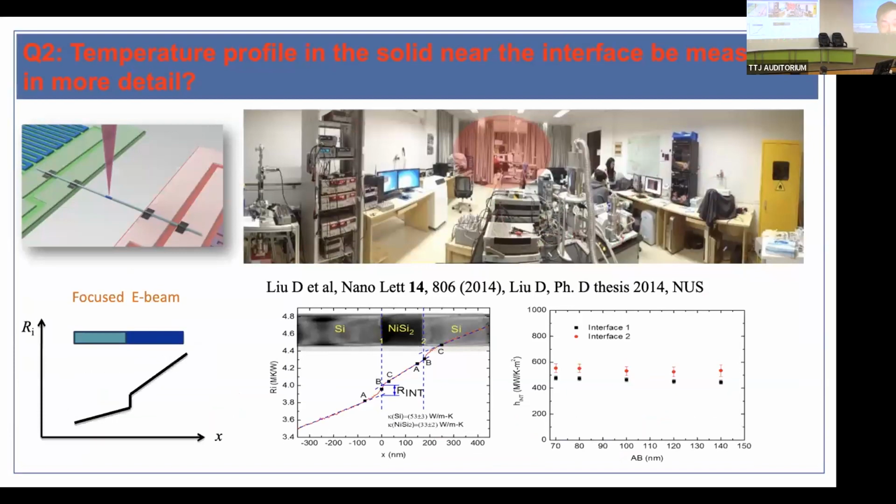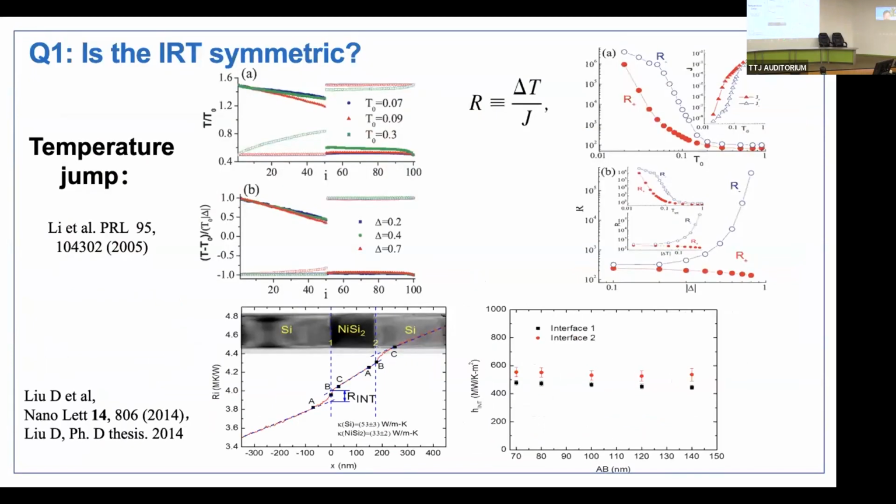For the one-dimensional one, let me go back to the first slide. It's like that. For the one-dimensional case, we keep the two ends fixed, and the first particles are in contact with the high temperature thermal bath.